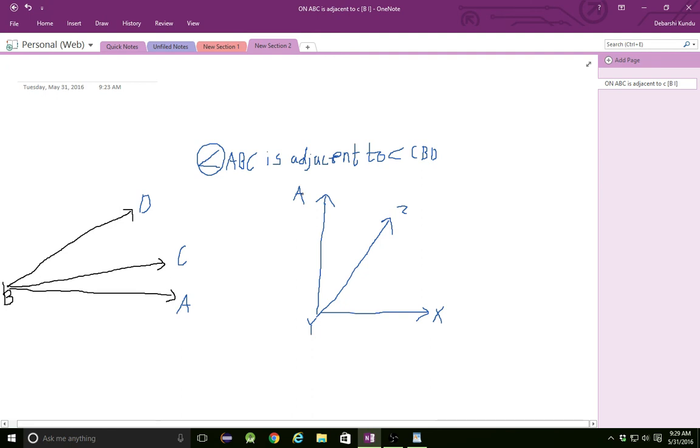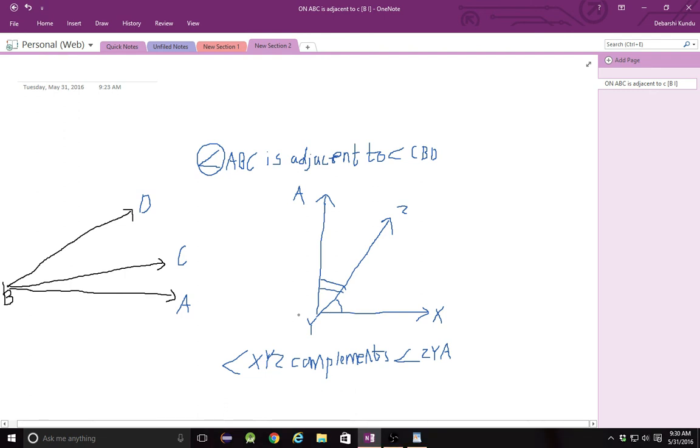So it can be said that angle x, y, z complements angle z, y, a, because they both sum up to 90 degrees.